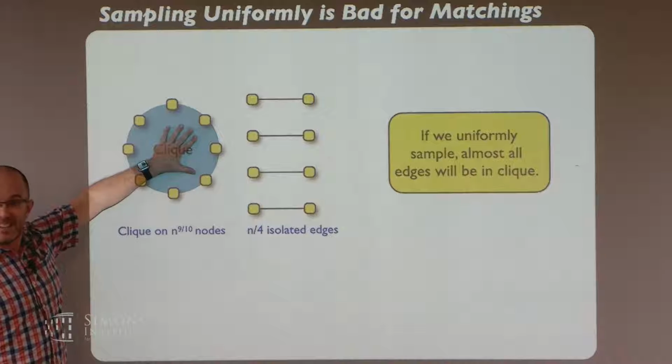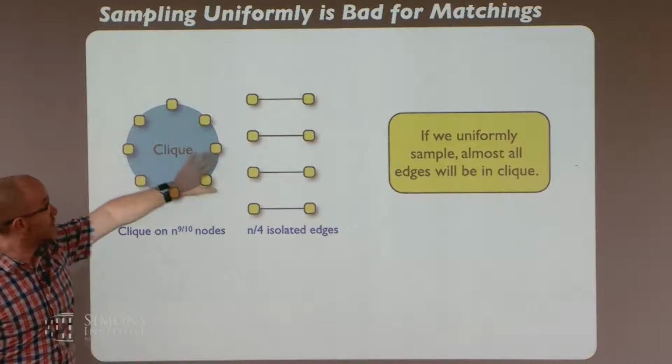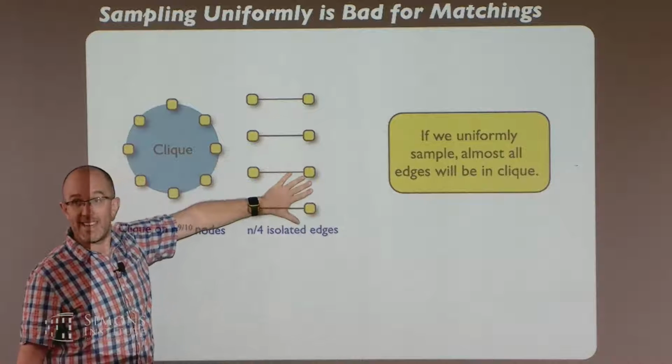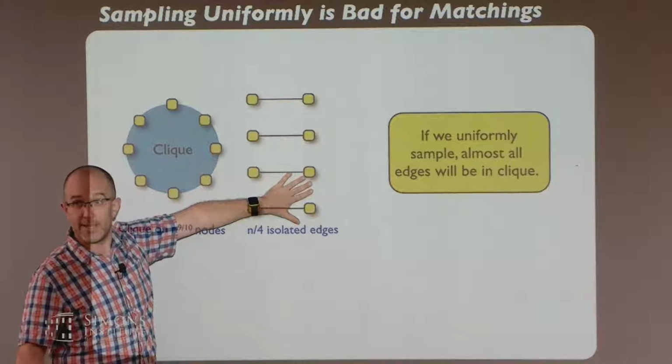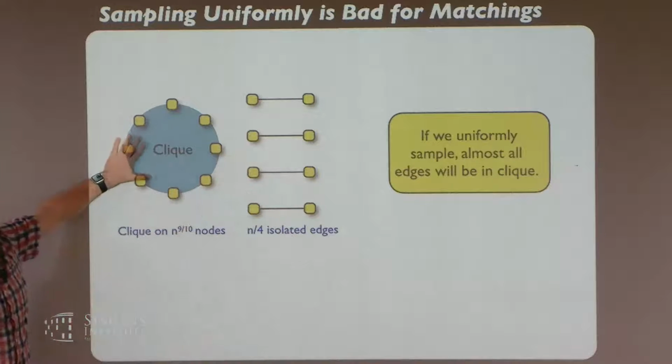The biggest matching in the clique is of size order n to the 0.9, whereas there are n over 2 isolated edges there. So if you're trying to find edges in a large matching, you want to be picking up these edges, not these edges. So uniform sampling isn't what you want.